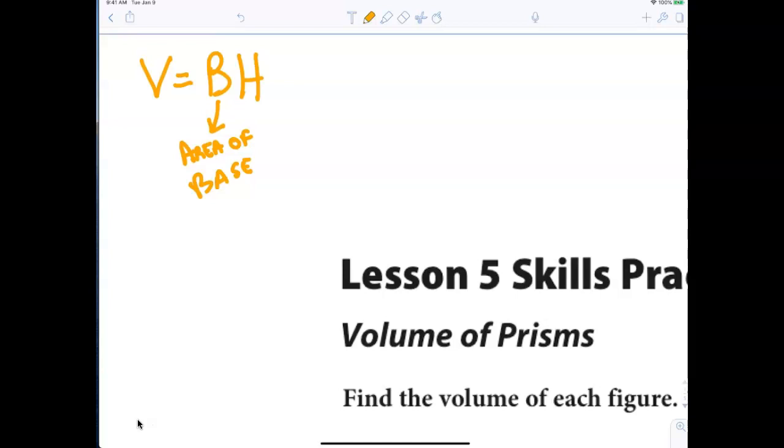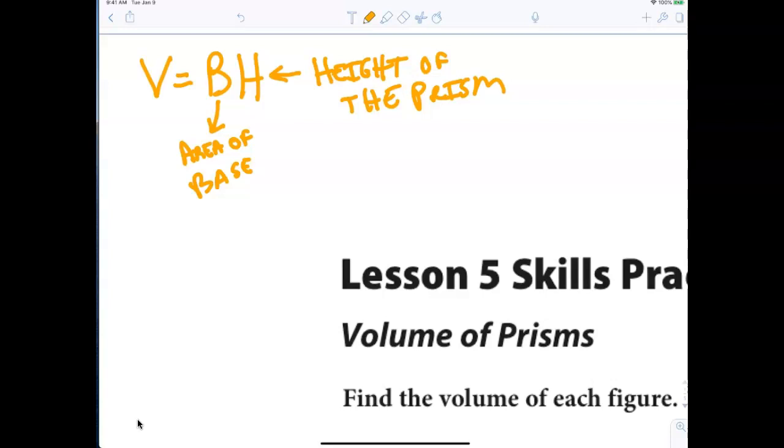And they're always exactly the same. So the area of the base, capital H stands for what? The height. The height of what, though? The height of the prism. And the reason why I'm telling you that is because there's the height of the base and there's the height of the prism.